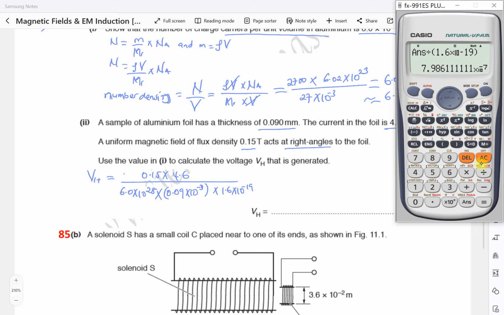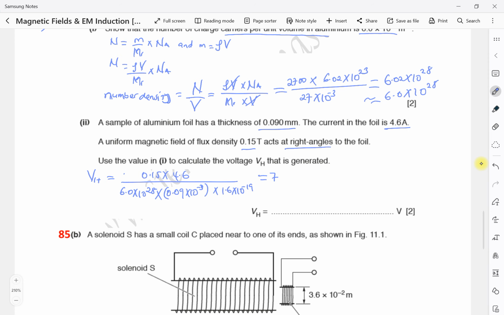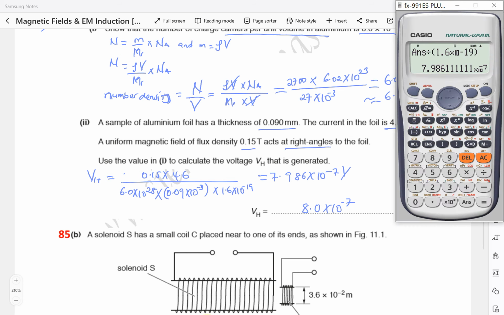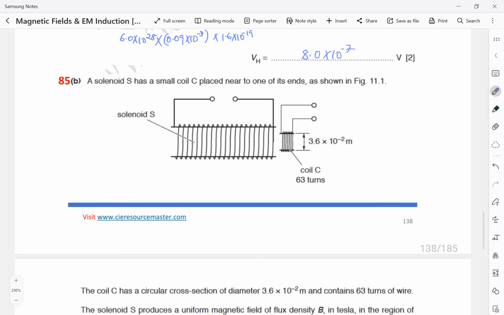So that is 7.986 times 10 to the power of minus 7 volts, which is approximately 8.0 times 10 to the power of minus 7. Okay. A solenoid S has a small coil C placed near to one of its ends as shown in the figure.